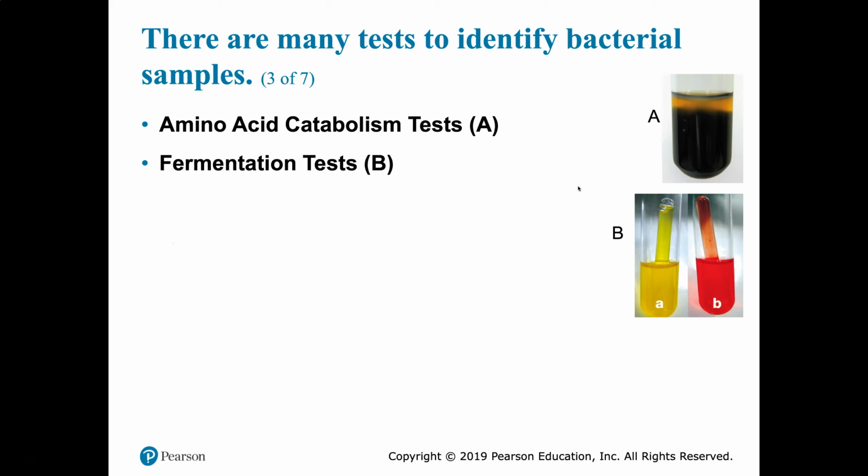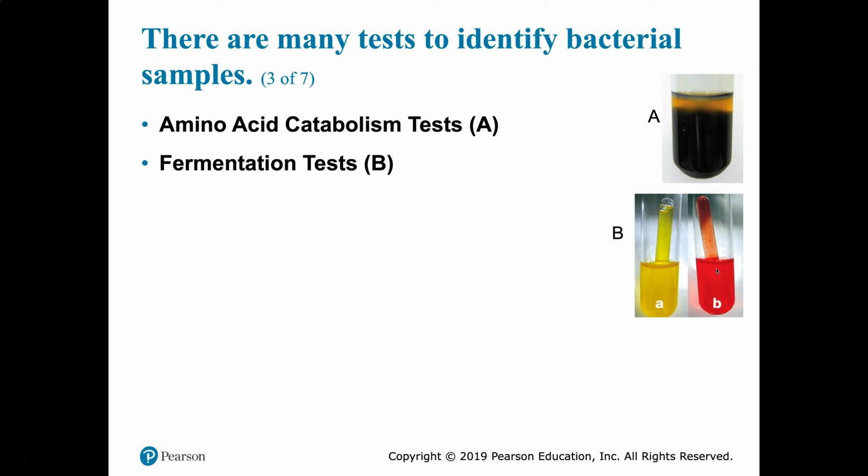Some of the ways we do that are catabolism tests. Basically, do they break down certain amino acids? This one right here is a good example of that. Or even fermentation tests. So this right here, B, is a media that has specific components in it.